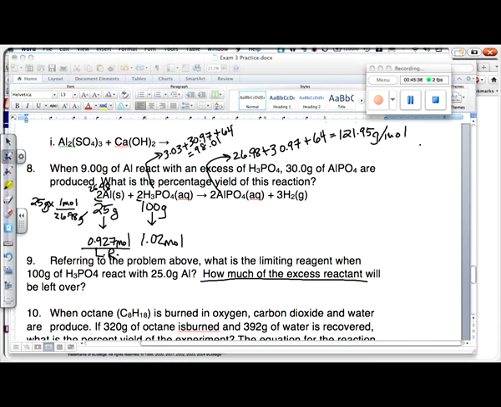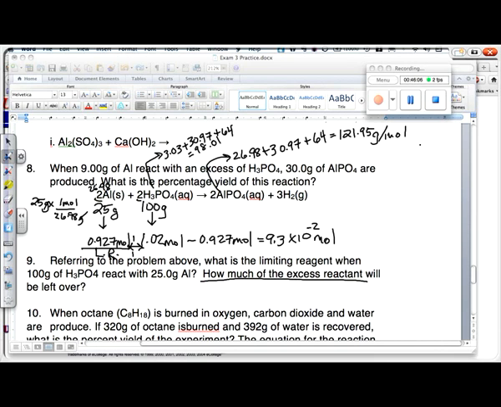So it would be times 1 over 1, which is how much I use. So I will be subtracting that from my original amount. So 1.02 minus the 0.927, and I have 9.3 times 10 to the minus 2 moles left over.